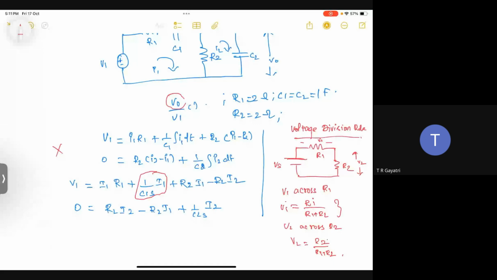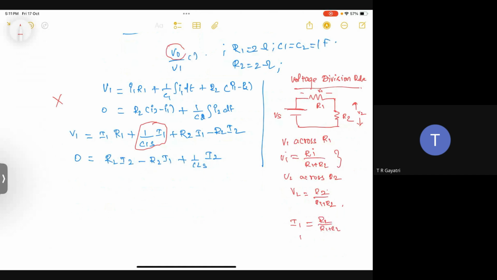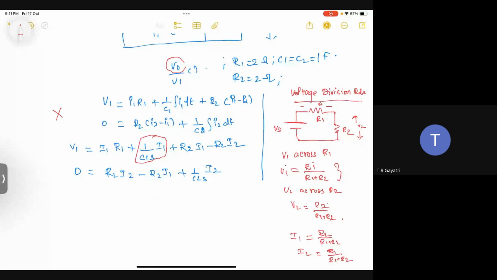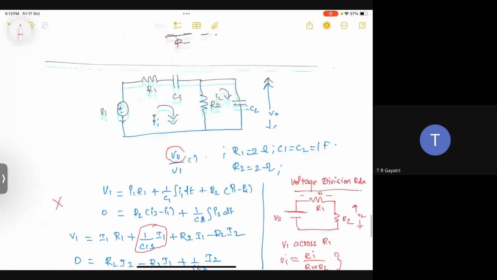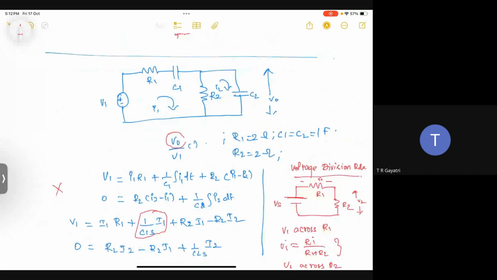In current division rule, it will be a little different. If you want to find I1, it will be R2 by R1 plus R2, whereas I2 will be R1 by R1 plus R2, because in a parallel circuit voltage is the same and current is different, in a series circuit current is the same. Similar thing, we will do this voltage division rule and try to find the answer for this.